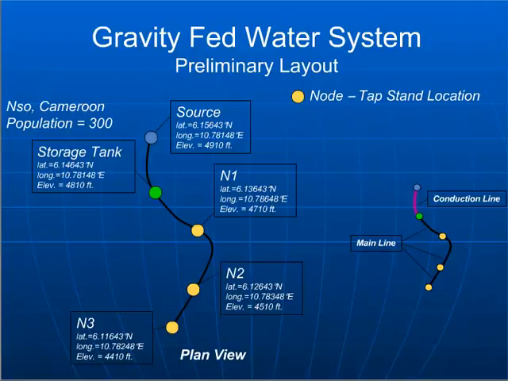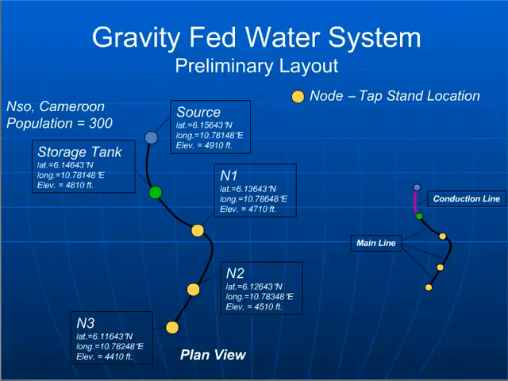collect it. I've created just a brief example, and this kind of gets into the initial, perhaps preliminary design phase when you're trying to figure out what may or may not be possible for a community-scale gravity-fed water distribution system in a particular community.